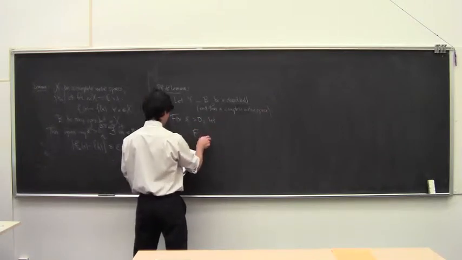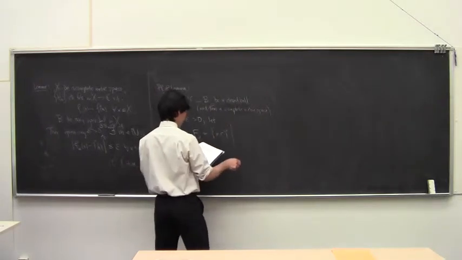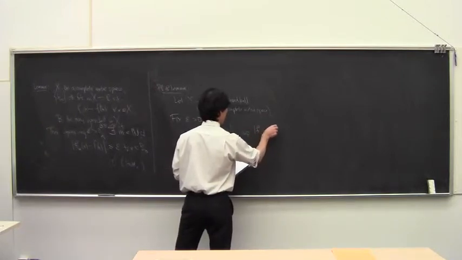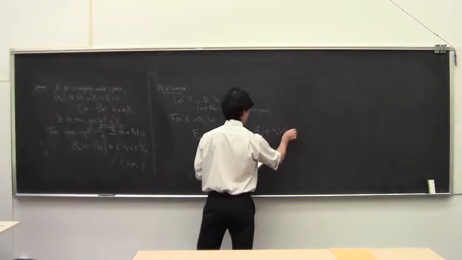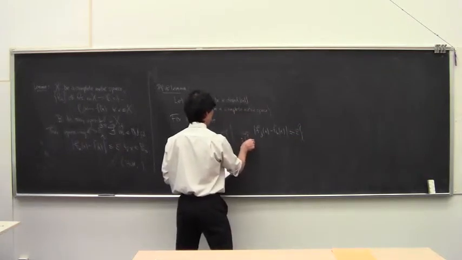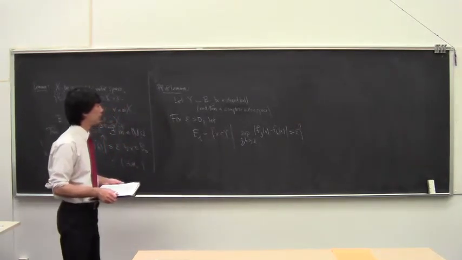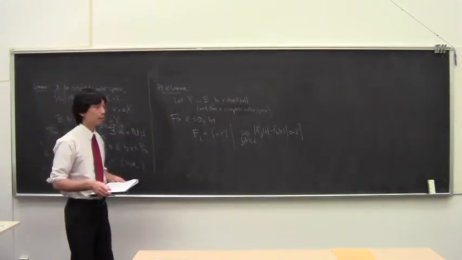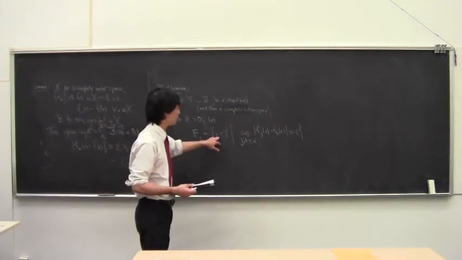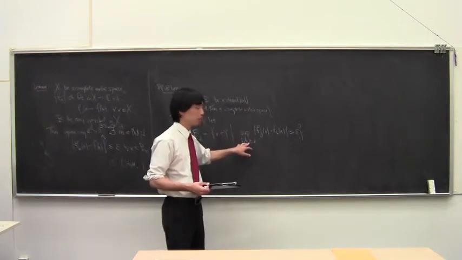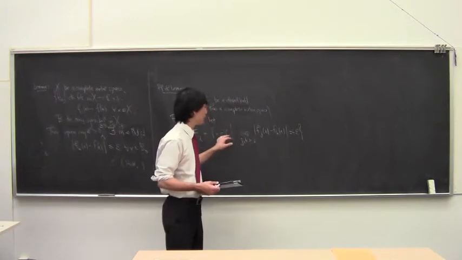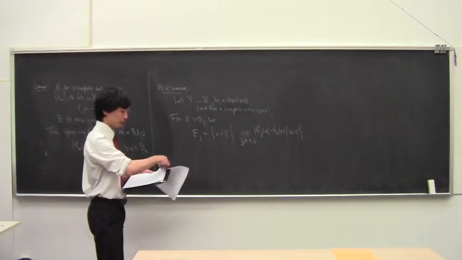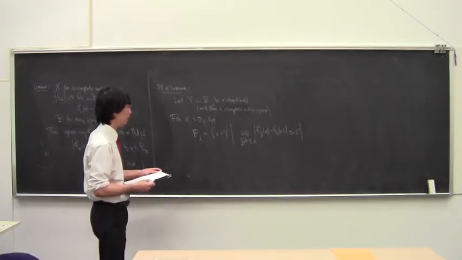Let E_L be the set of points in Y where the supremum of |f_j(x) minus f_k(x)| is smaller than epsilon for all j, k bigger than or equal to L. So E_L is the set of points where, over all pairs of indices bigger than L, the difference of the functions at that point is smaller than epsilon.